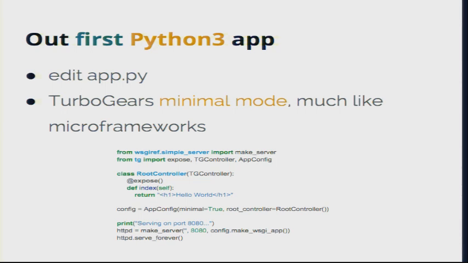We are just going to create an app.py file, and inside the file we are going to write this code. What does this code do? Well, the core part is the config line, config equal to AppConfig(minimal=True, root_controller=...), which actually creates a configuration for an application. Here we are telling TurboGears to use minimal mode and to use this controller for dispatching requests.